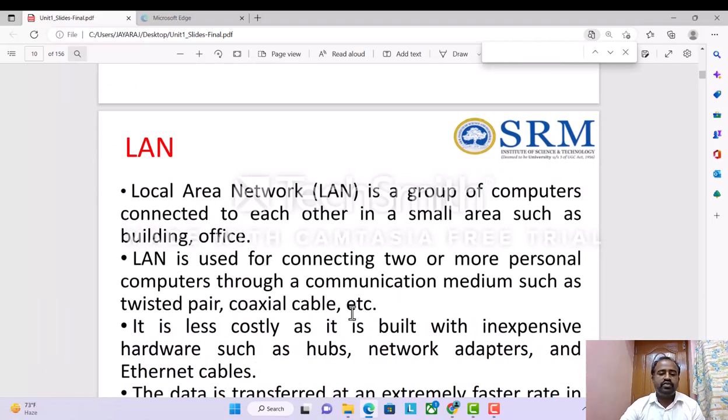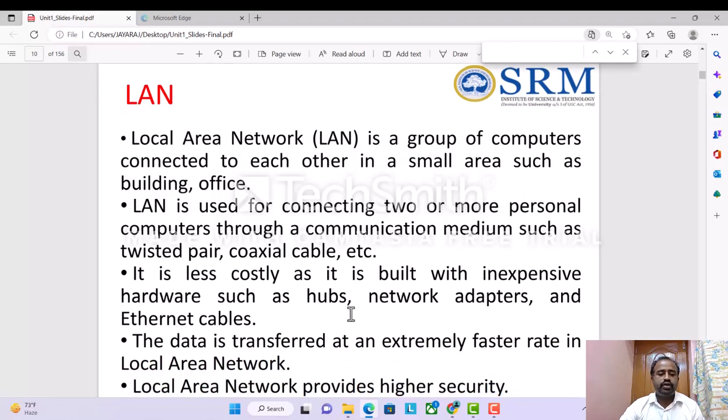See, this is the exact definition of LAN. It is a group of computers that are connected to each other. And one more thing is, it is used only for a small area. For example, you can consider an organization, a building. It may be a three-story or four-story building or an office. The connection which is established in a small group is what we call a LAN.